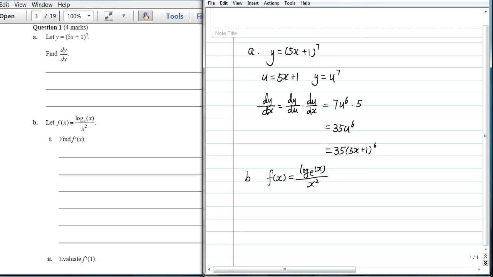Before using the quotient rule, we need to define g(x) and h(x). The g(x) will be the numerator of this fraction, which is log x to the base e, and h(x) will be x squared. Now we need to find the derivative of these two functions separately. The derivative of g(x) is 1 over x, since this is the log to the base e, and the derivative of h(x) will be 2x.